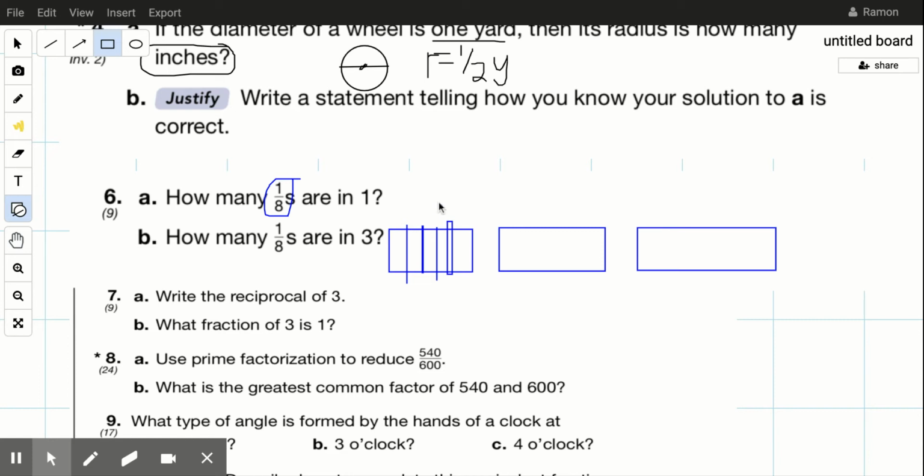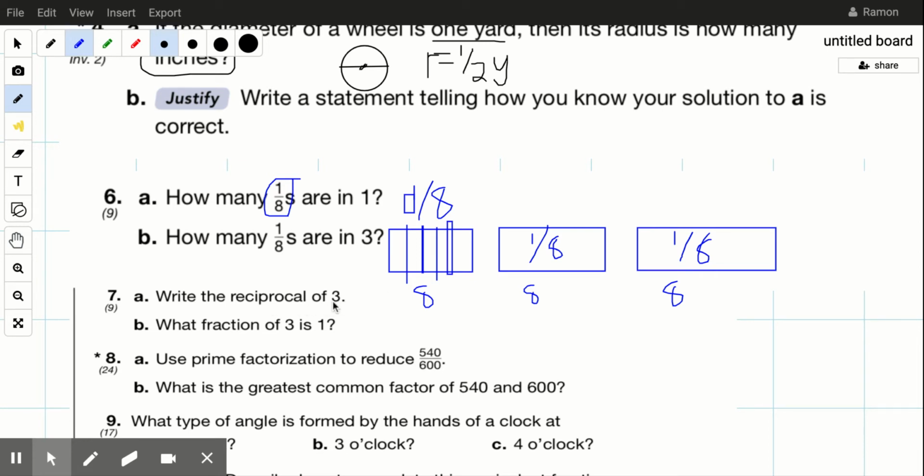Well, you get the idea, right? There's 8 1/8s in each of these. So then you have to count the total amount of 1/8s that you have. That's like saying how many slices of pizza are in 3 large pizzas.